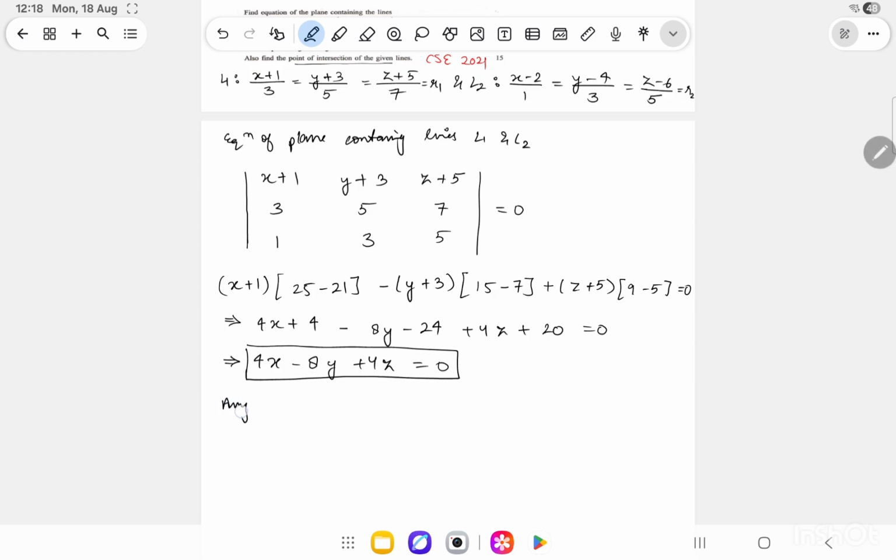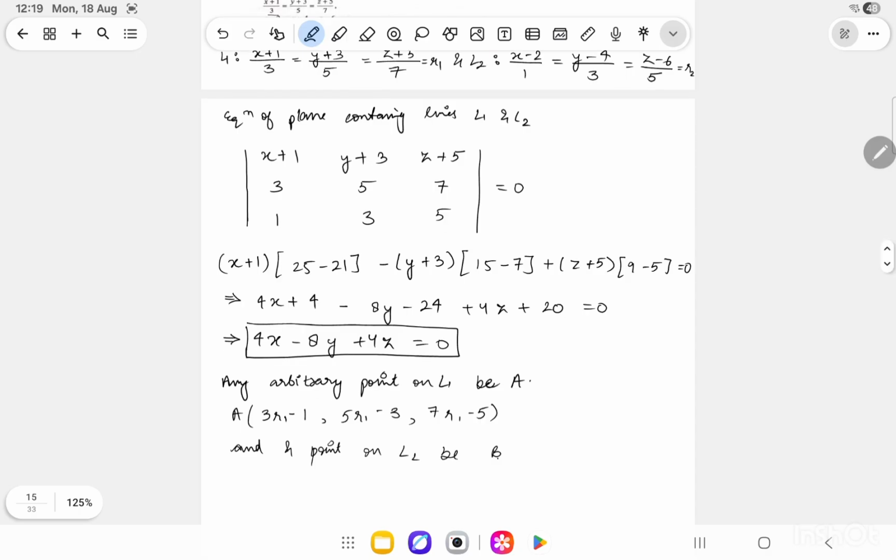Any arbitrary point on L1, let us name it A, will be 3R1 minus 1, 5R1 minus 3, 7R1 minus 5, and any point on L2, let us name it B, will be R2 plus 2, 3R2 plus 4, 5R2 plus 6.